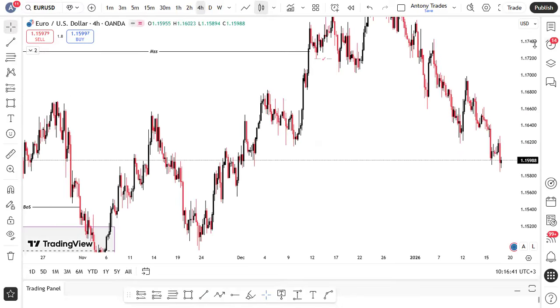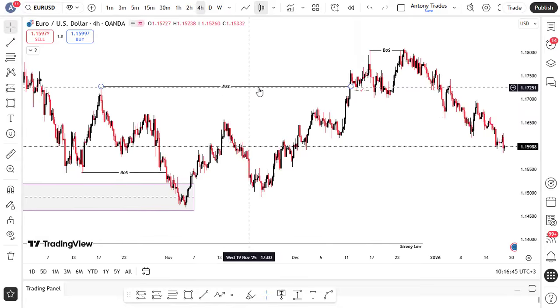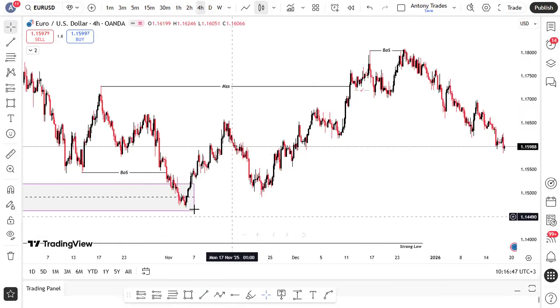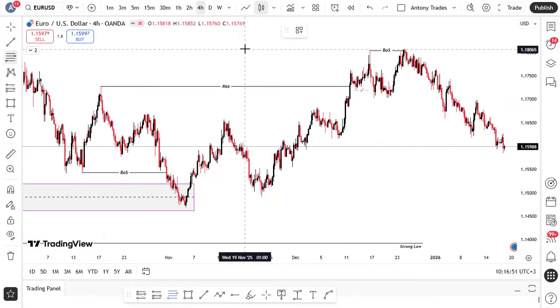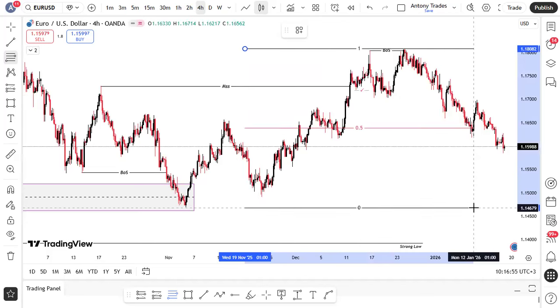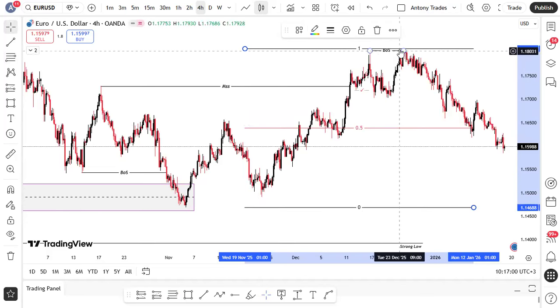Although now we have something to pay attention to. After this market structure shift, the market never traded to the 50% of this one, because if you look here, if you make a fib from the swing high to the swing low like this, the market had not pulled back to at least 0.5 of our Fibonacci retracement.